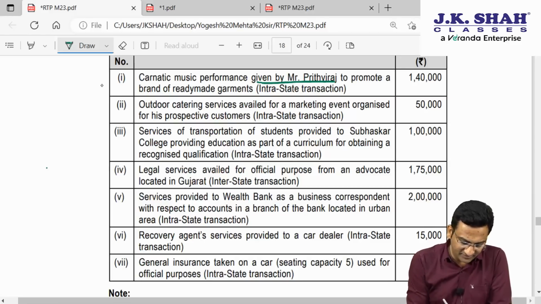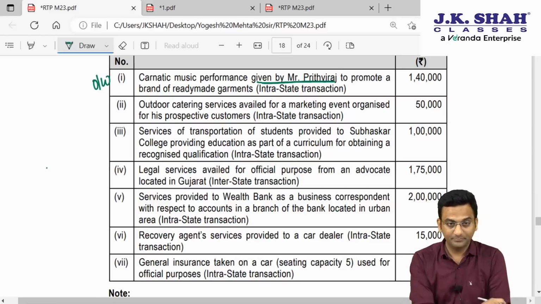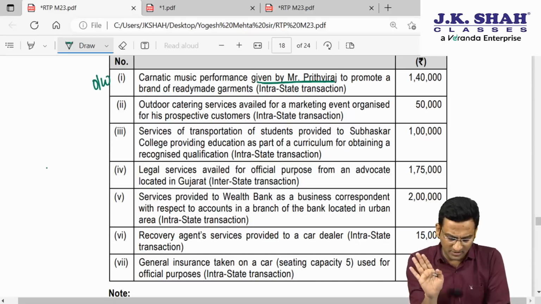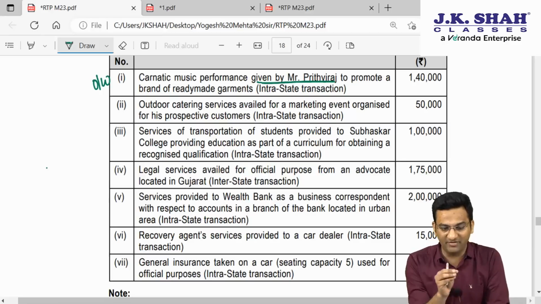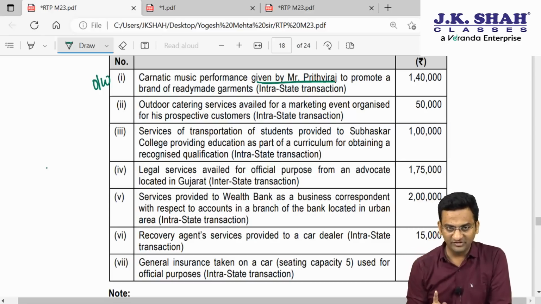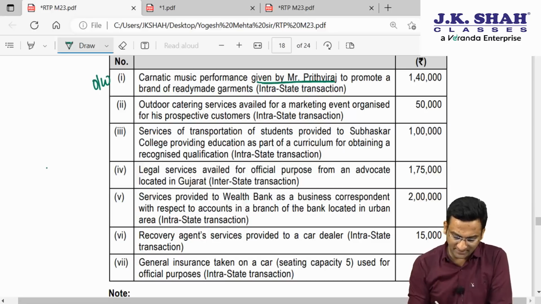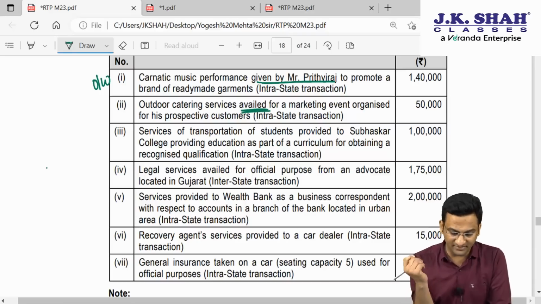So can I say, friends, this is outward supply? Correct, friends. First of all, we'll find out which of the transactions relates to outward supply and which relates to inward supply. So the first transaction relates to outward supply. Then outdoor catering services availed. Availed means taken. So it is inward supply.